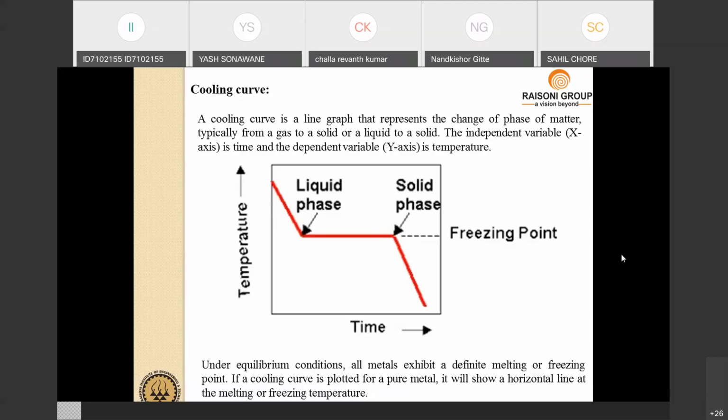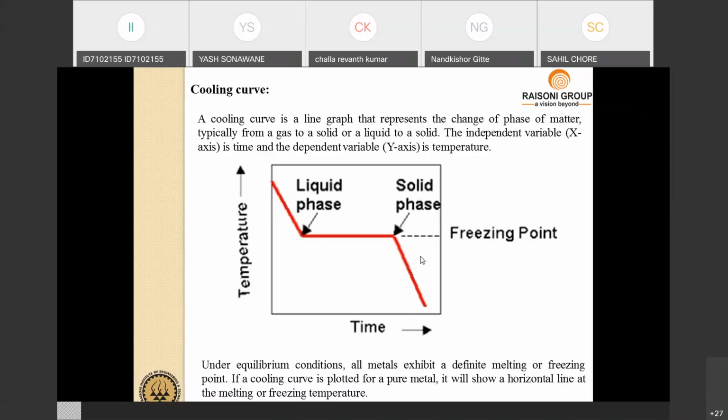Under equilibrium conditions, all metals exhibit a definite melting or freezing point. If a cooling curve is plotted for a pure metal, it will show a horizontal line at the melting or freezing temperature. See, it is the cooling curve shown here. It is for a pure material.